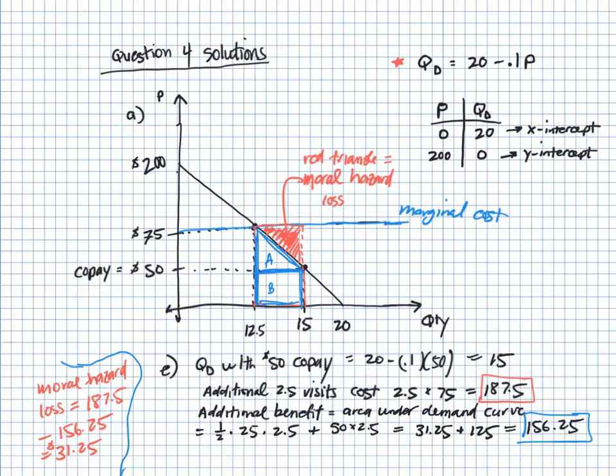So just answered F. Now G, is it possible the copay or coinsurance could actually reduce social well-being? Yeah, you can think of a couple scenarios where this would actually be harmful to society. One case might be if the doctor's visits are preventive care.